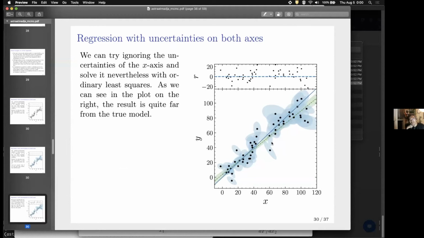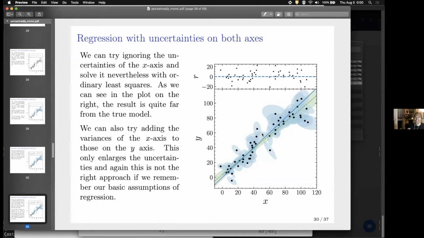If we just ignore the uncertainties in the x-axis, then we get this line, which is kind of wrong if we compare with the true values. Some people like to suggest that we can add the uncertainties together like that.